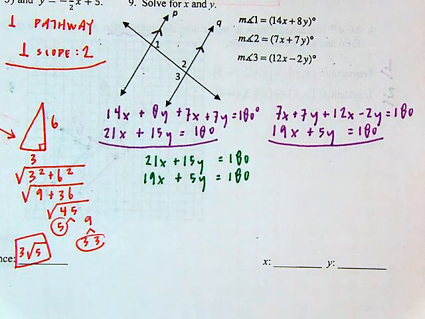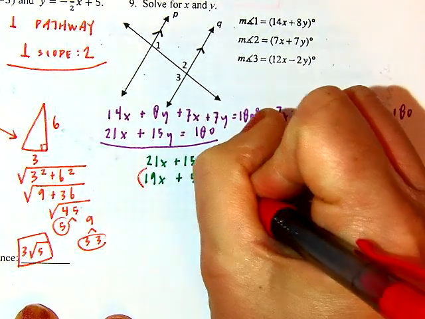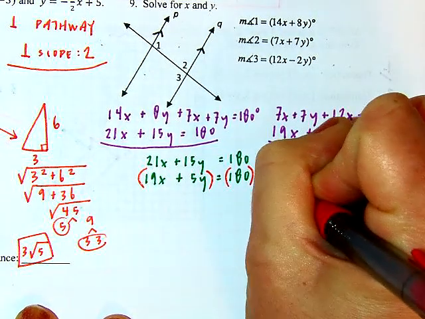To solve the system, I need to decide on a method. Do I want to use substitution or elimination? I would use elimination here because I don't want to create a fraction unless I have to, and with those y's it's easy to make opposites. I just have to multiply everything on the bottom by -3.